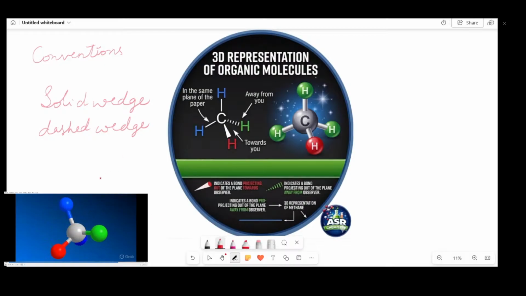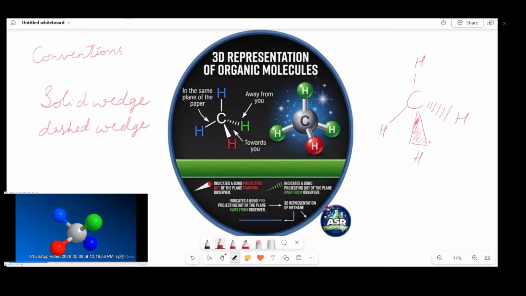Now, let us understand this following structure, where you have seen carbon, there is hydrogen bonded to a normal line, right? But you can see that there is a dashed line and there is one solid wedge like this, which is shaded.